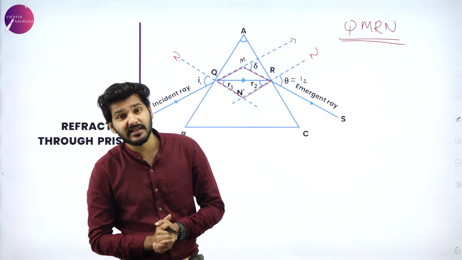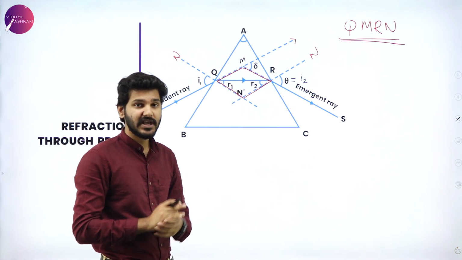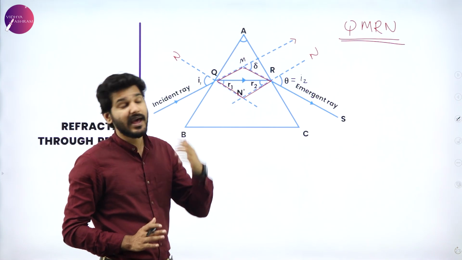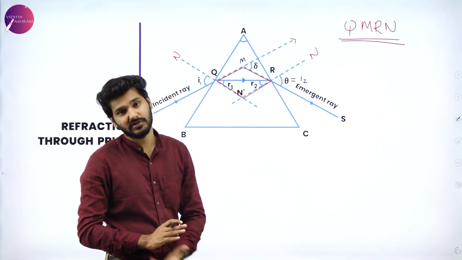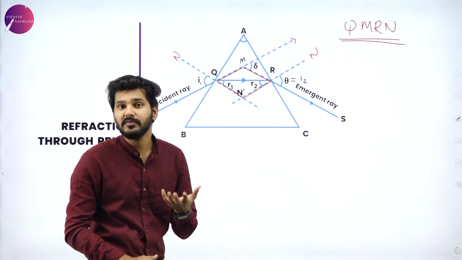Why we are taking this geometry is because we have to prove a relation between the incident ray and the emergent ray, and using that, we have to find the angle of minimum deviation.